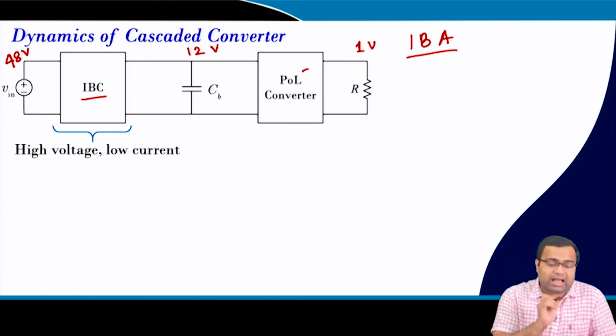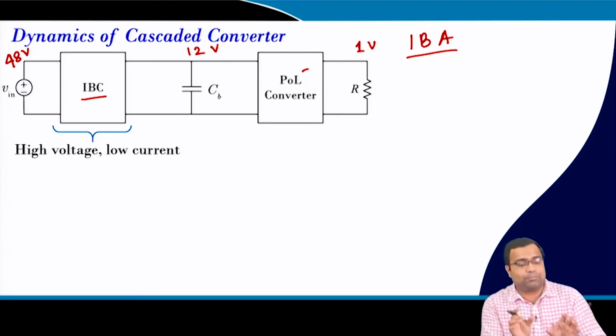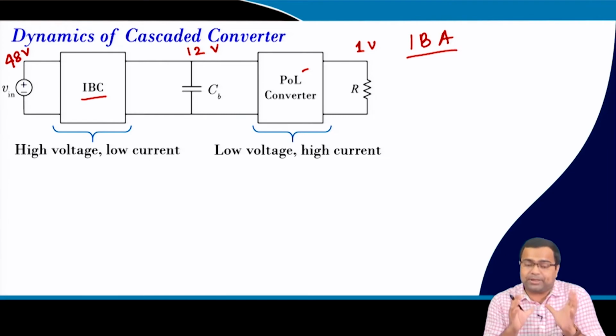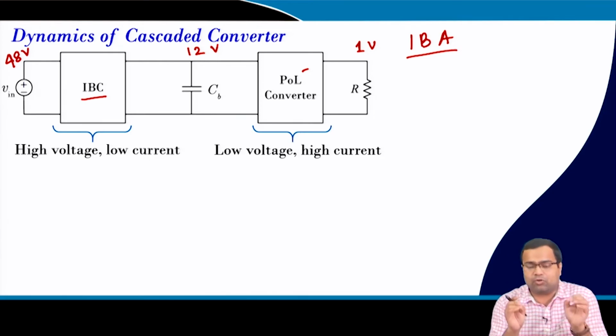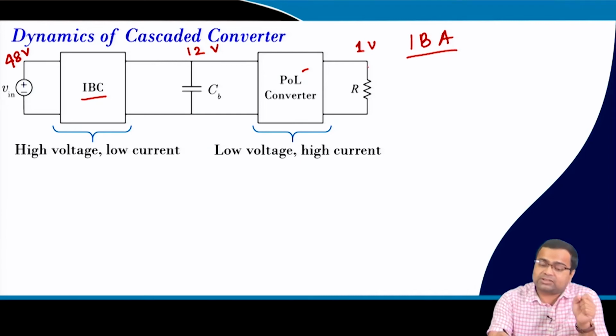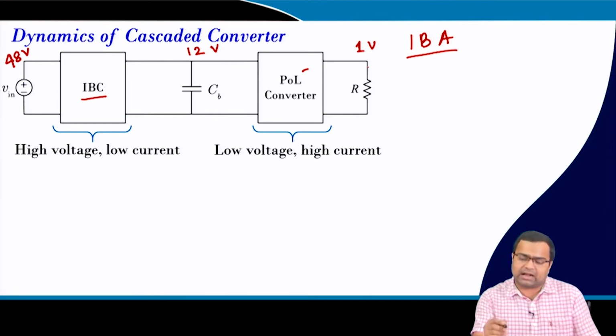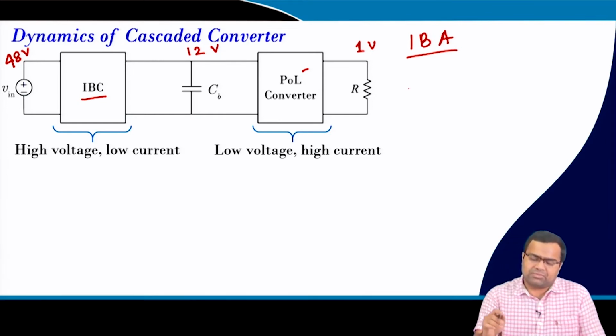So, the IBC, compared to the POL, is designed for high voltage low current, whereas the POL converter is designed for low voltage high current, and this POL has to cater to the requirement of a processor, where the current can be some hundreds of ampere.